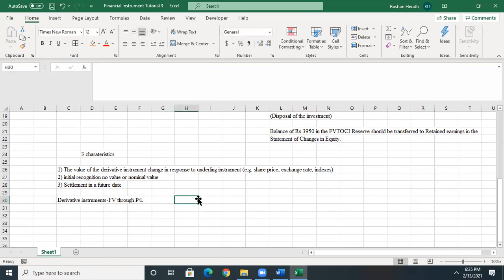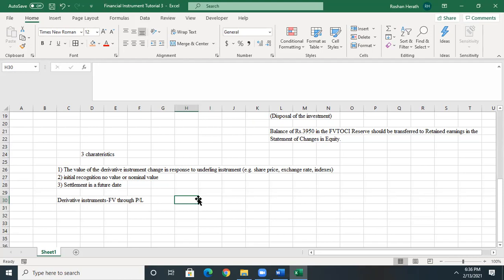It is pretty simple. Initially measured at fair value, transaction costs are charged to the P&L, then remeasurement gains and losses must be taken to the P&L, except in certain cases where the derivative has been used as a hedge instrument.